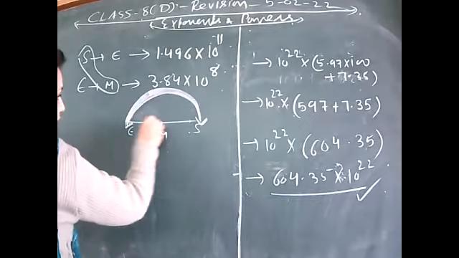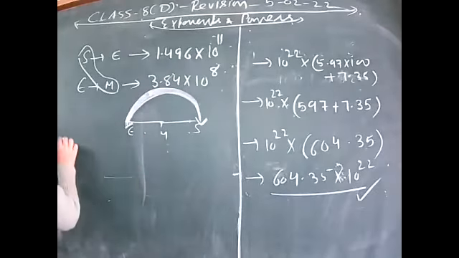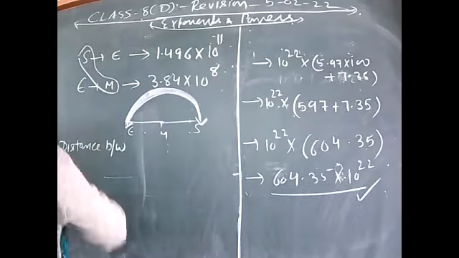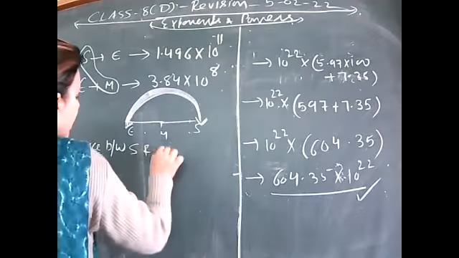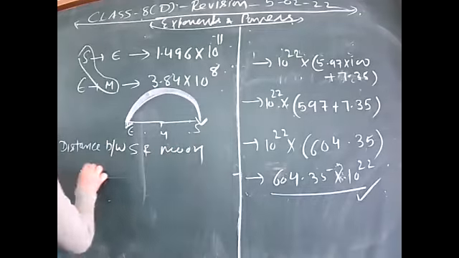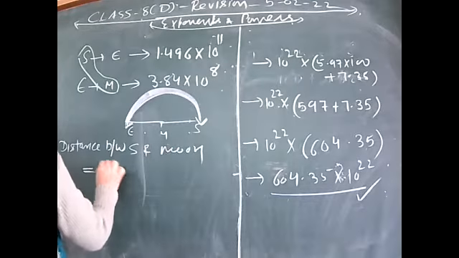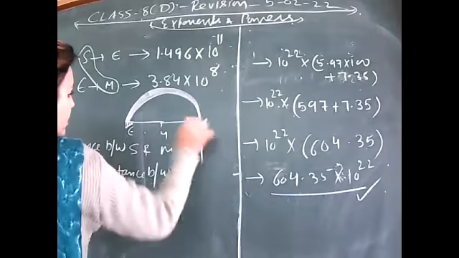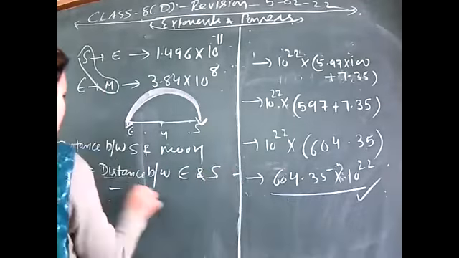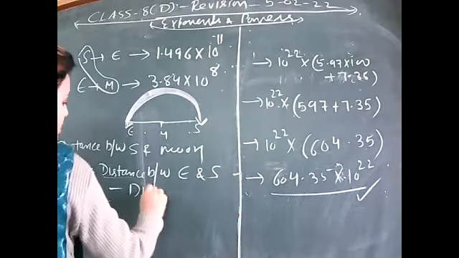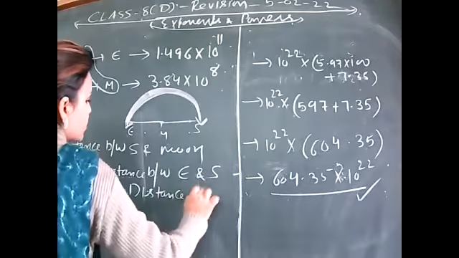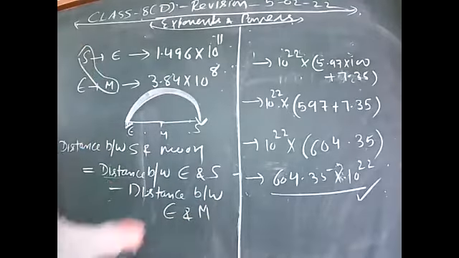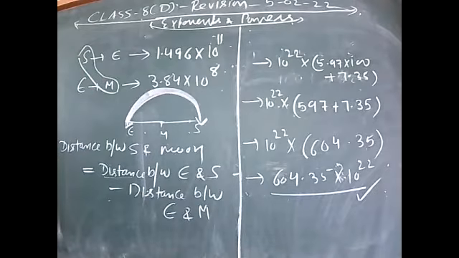So from this figure, it is very much clear that the distance between Sun and Moon is equal to the distance between Earth and Sun minus the distance between Earth and Moon.